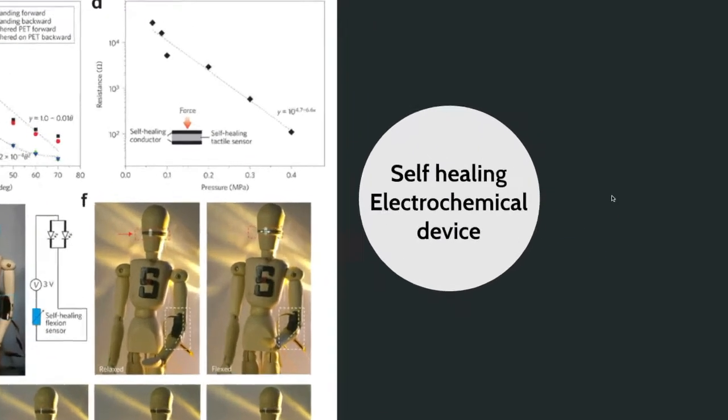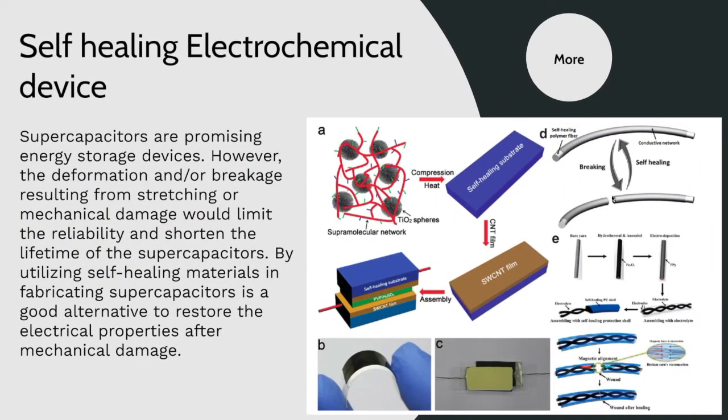And then the electrochemical device. Electrochemical includes the capacitor. Here you have the supramolecular network, the spheres, the circle ones here, which we call titanium oxide. They made the self-healing substrate based on this structure.